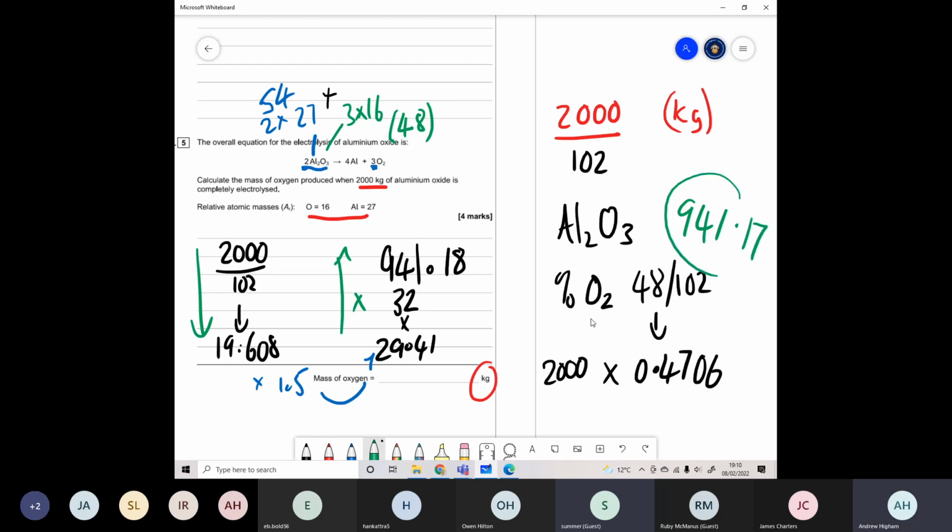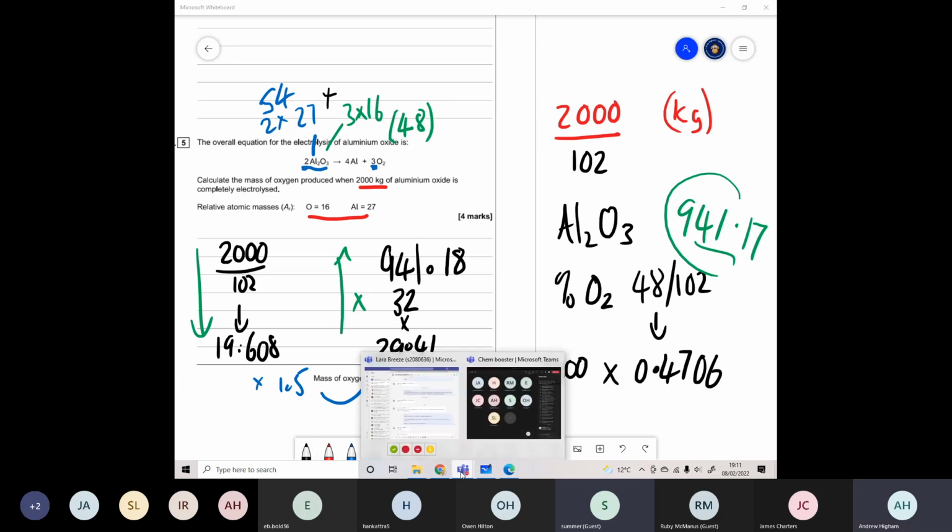So I come out with the right answer, not by doing all this, but by just looking at it and thinking, well, how much of this aluminium oxide is actually oxygen? If you know that it's 47% oxygen, you can just take 47% of the original 2,000 kilograms would be your answer. So there's a million and one ways in which you can do this. This is a relatively easy one. Again, does anyone have any questions about that?